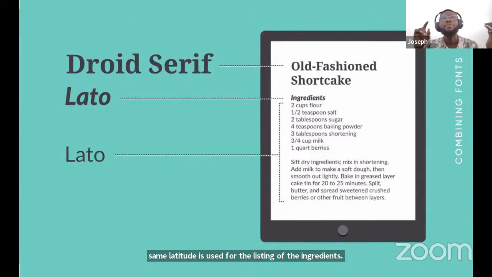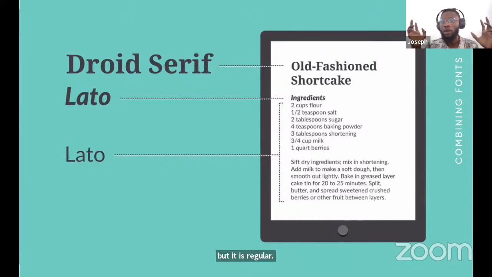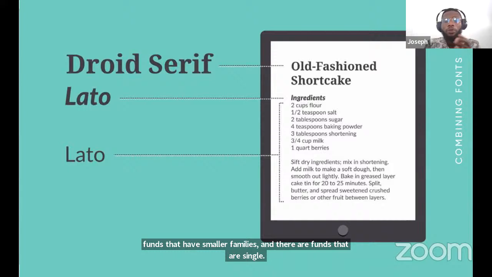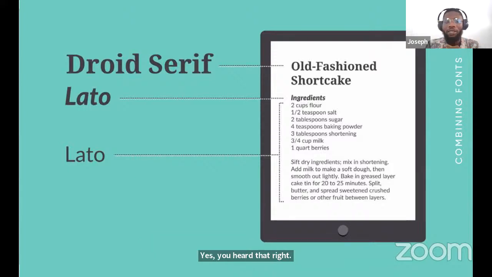So fonts have this thing that they call family. There are fonts that have bigger families, there are fonts that have smaller families, and there are fonts that are single. Yes, you heard that right. For a font like Lato, Lato has a big family.